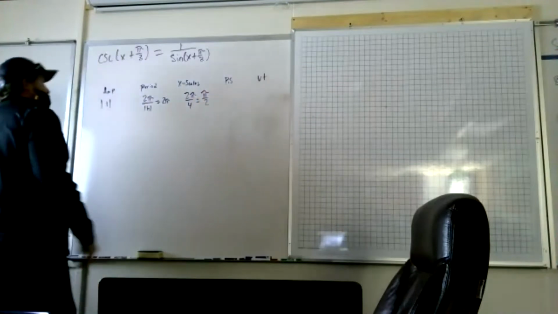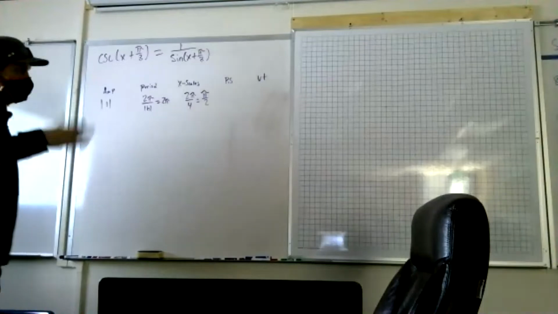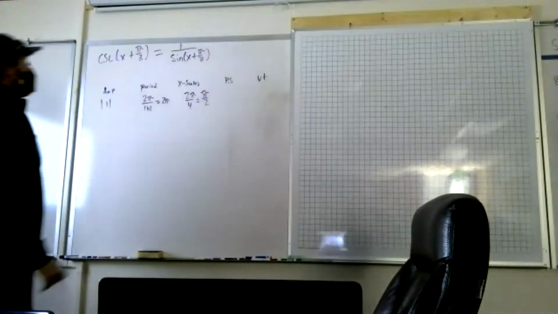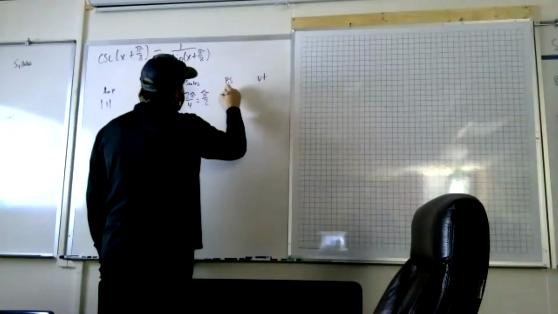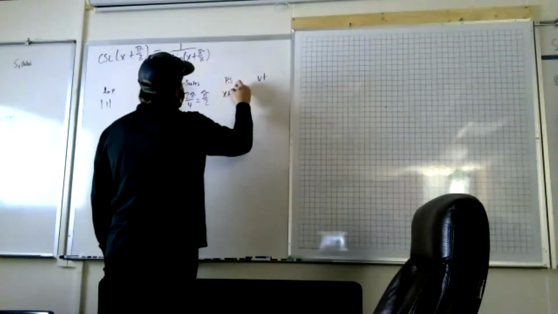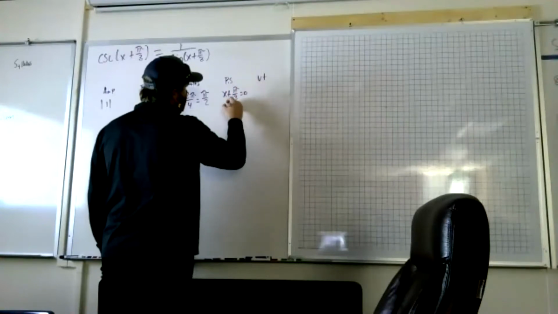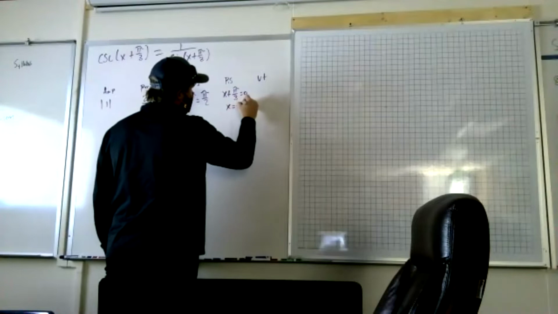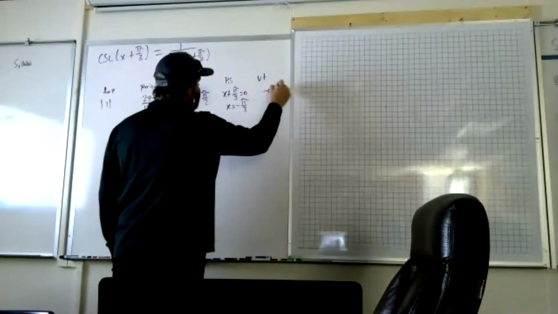That means that every pi half, I have a critical point, an x-intercept or a maximum. The phase shift, taking bx plus c, set it equal to 0. So x plus pi thirds, set equal to 0, and solve for x. We get that x is equal to negative pi thirds. The vertical translation, there is none.